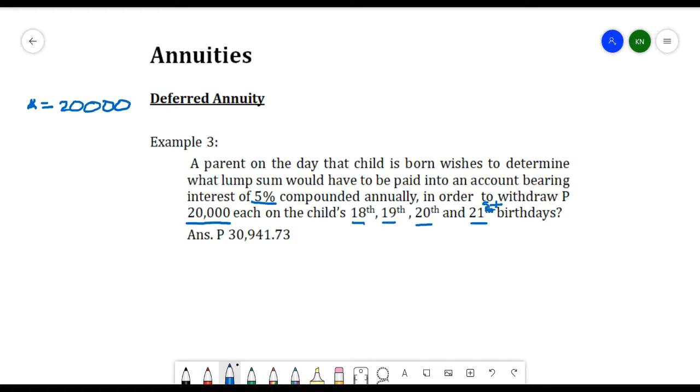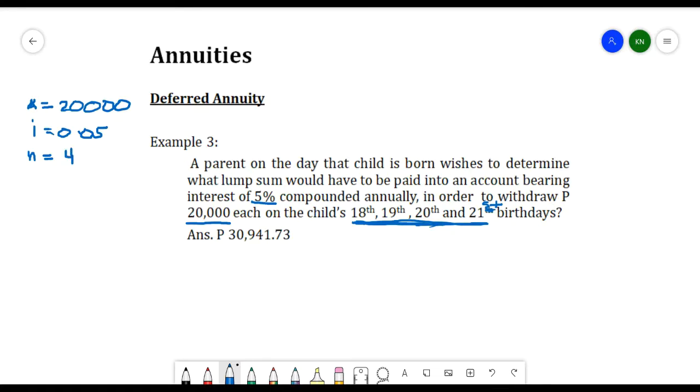And we have our I, or the interest, which is 0.05. We also have our N. Since we are withdrawing at 18, 19, 20, and 21, that is equivalent to four withdrawals.